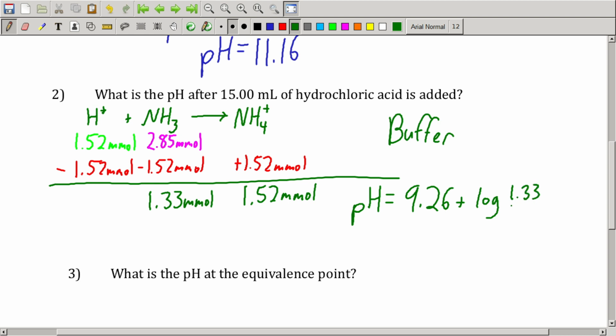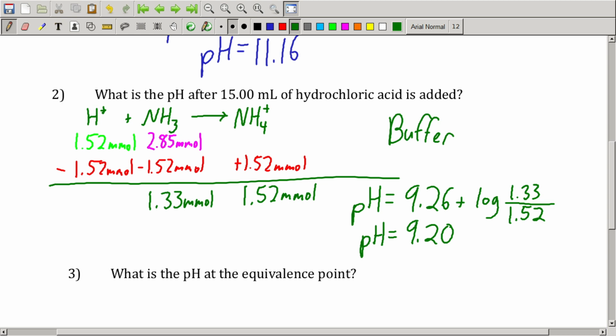Okay, we've got to pay attention to what goes where here. So what's the pH of my buffer? 9.20? Okay. Sounds good. Should be a little bit less than 9.26, and that's indeed what you got.